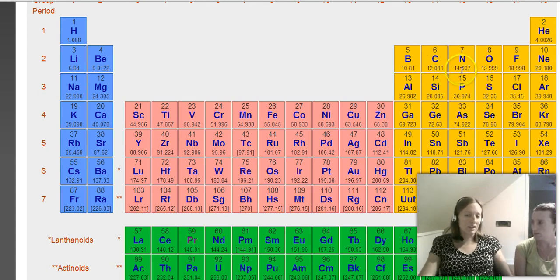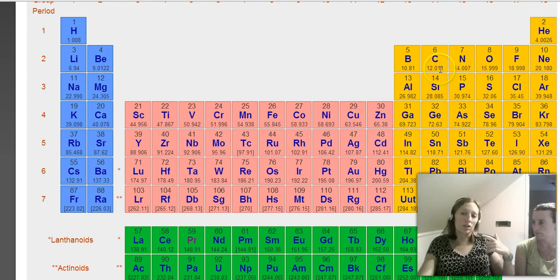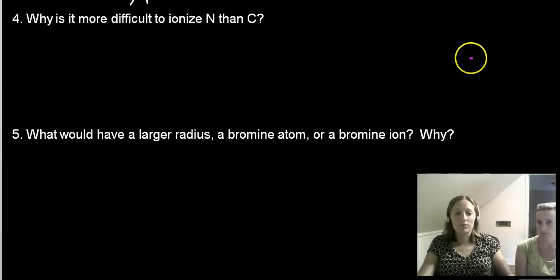Nitrogen has sort of a semi-decent position because he's got his 2p orbital half full. So the reason that it is more difficult to ionize nitrogen than carbon is because nitrogen is in a semi-stable state with a half full p orbital, whereas carbon is not. I'm not going to write that down.